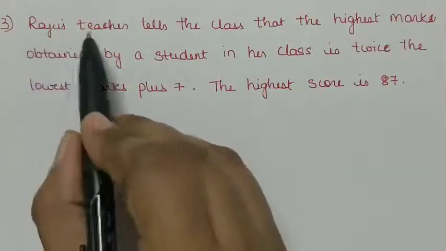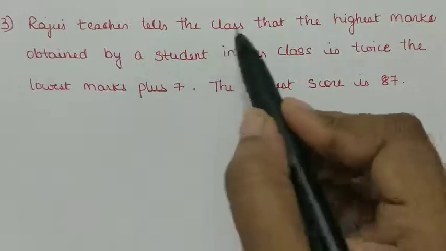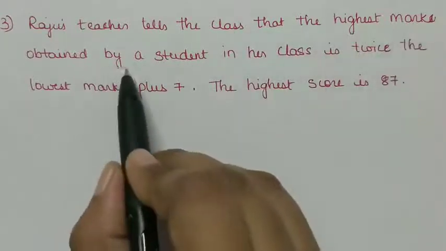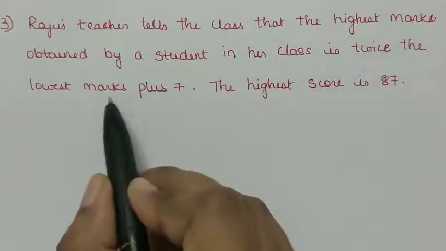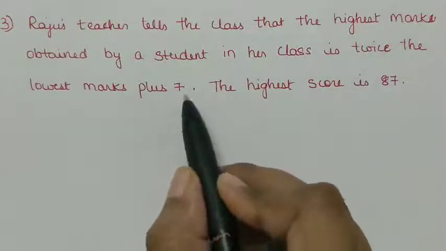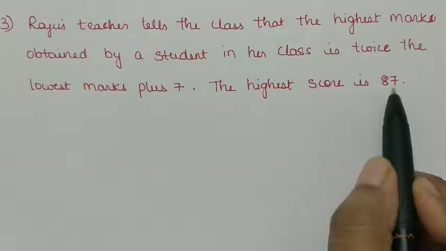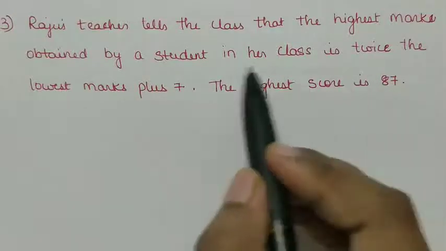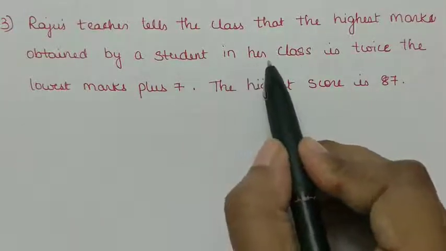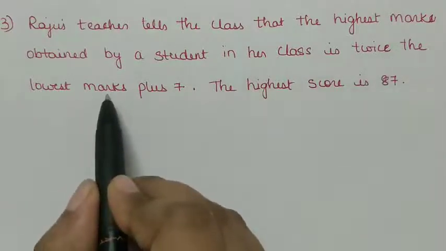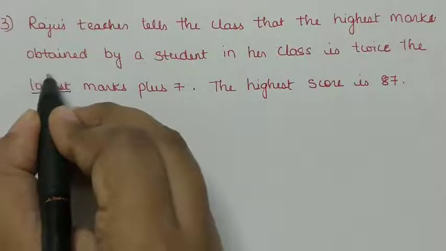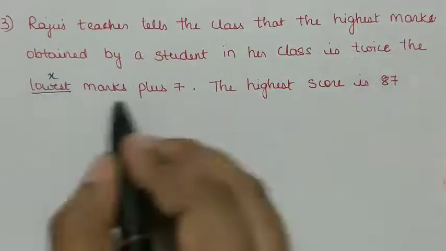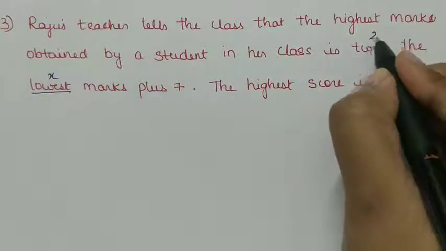Third one, Raju's teacher tells the class that the highest marks obtained by a student in her class is twice the lowest marks plus 7. The highest score is 87. Highest marks in the class is twice the lowest marks plus 7. Let the lowest mark be x. Then twice the lowest mark is 2x.